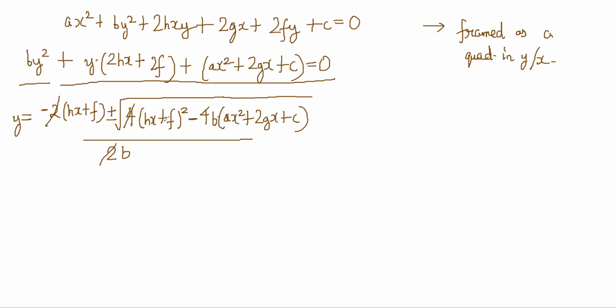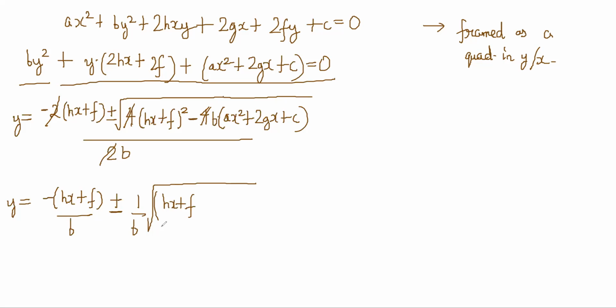So this becomes y is equal to minus hx plus f by b plus minus 1 by b root over hx plus f whole square minus b into ax square plus 2gx plus c.